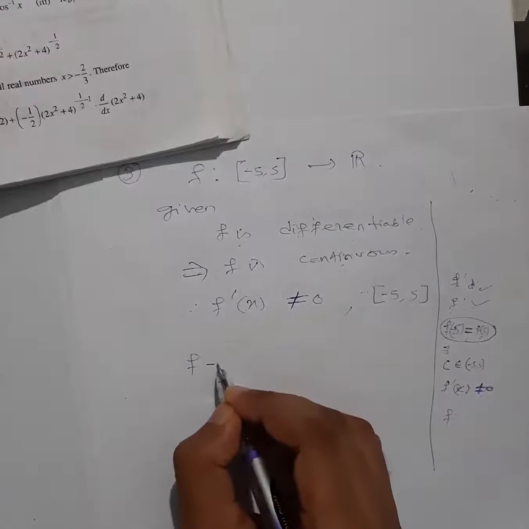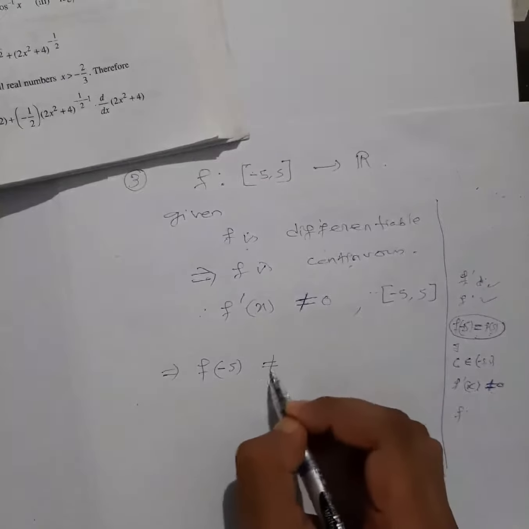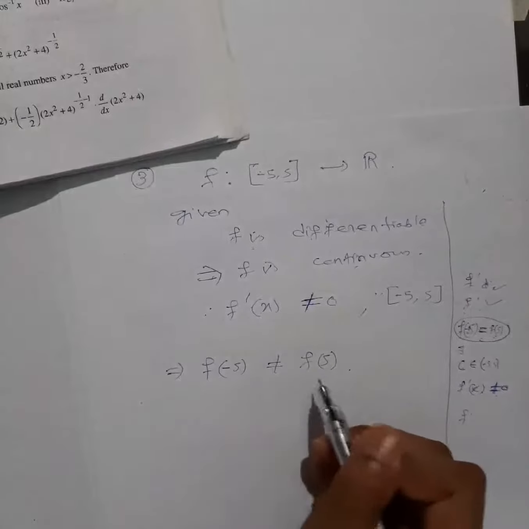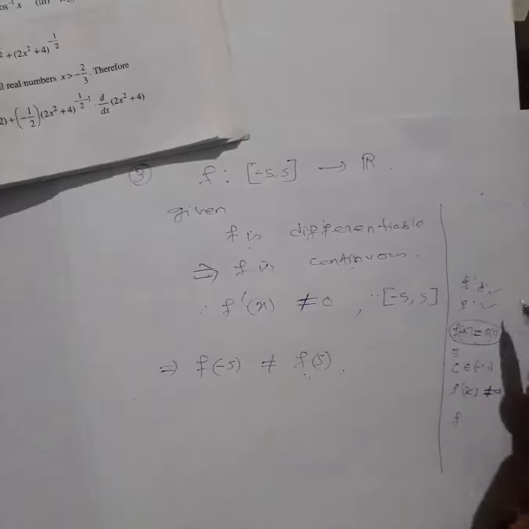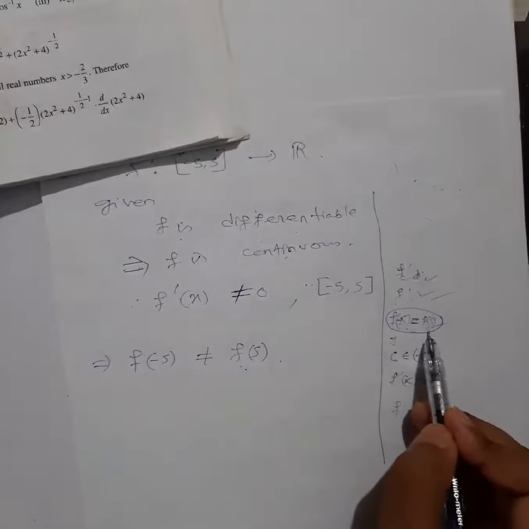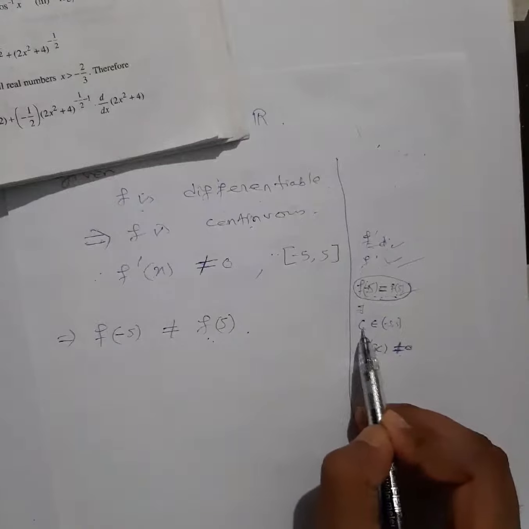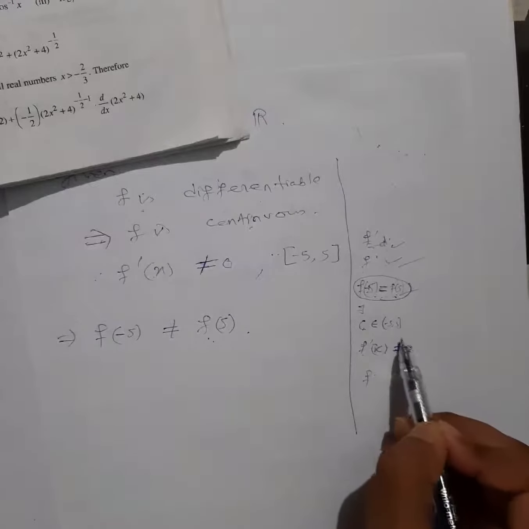Means what? f of minus 5 is not equal to f of 5. Directly you can write that the third condition should not be satisfied, then only this will happen, right? Otherwise, if this is satisfied, this is satisfied, this is satisfied, and this is also equal, then we know that there will exist one point between minus 5 and 5 such that this will be equal to 0.